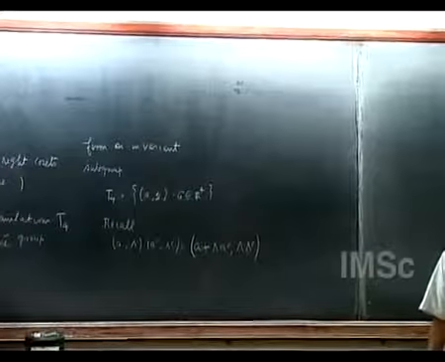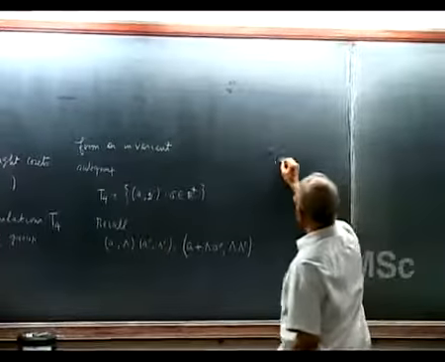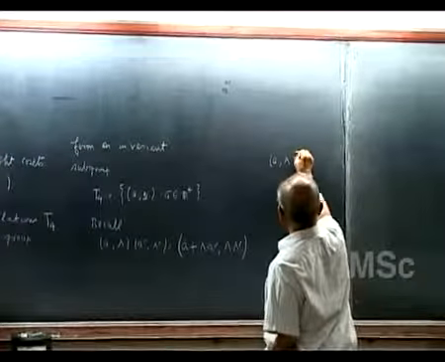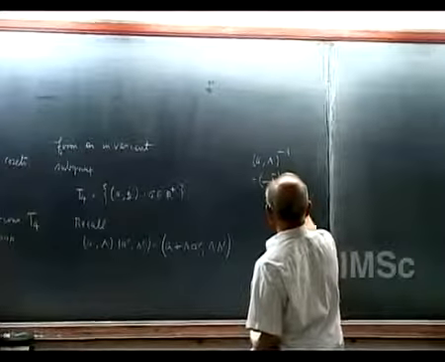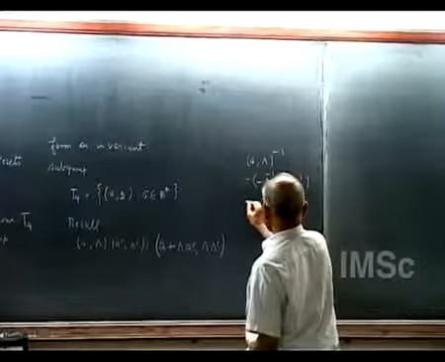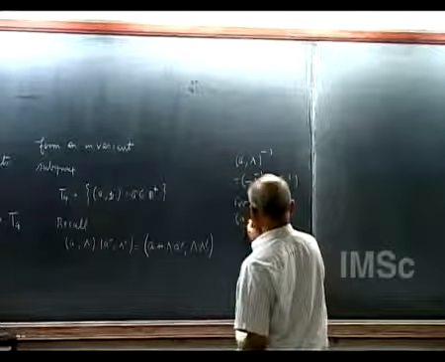This is the rule of multiplication we got. We also found (A, lambda) inverse was (minus lambda inverse A, lambda inverse). For we can easily see what it is.